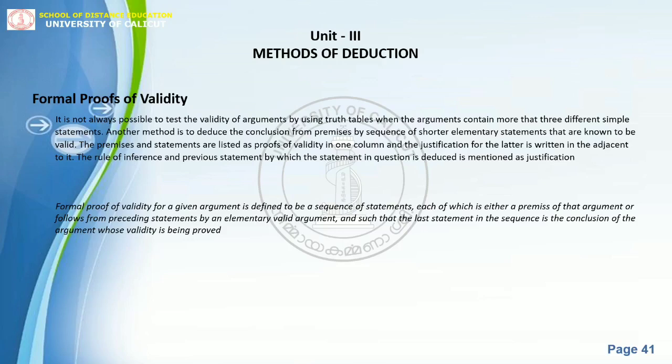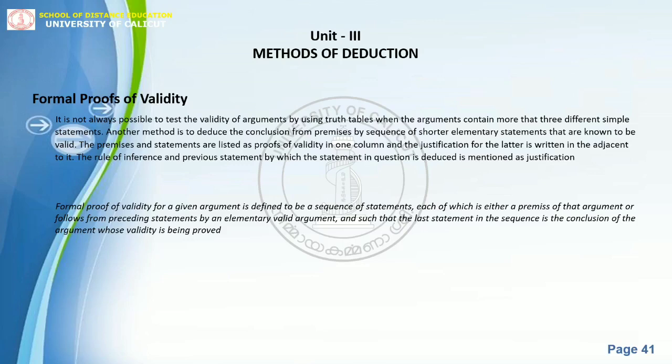So we will understand in the coming sections how we prove using the formal proof of validity. Here what we do is deduce the conclusion from premises which we already know to be valid.